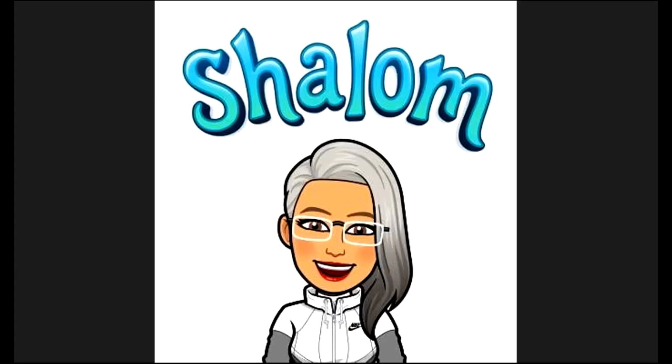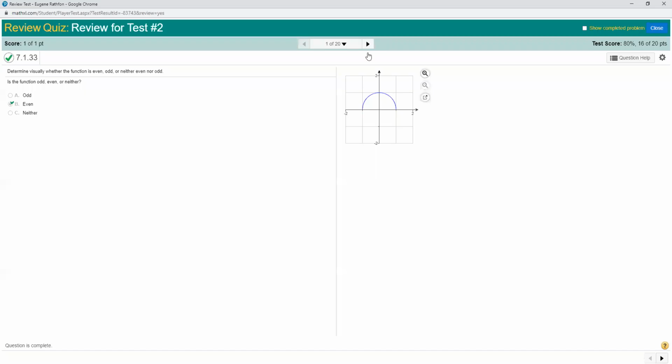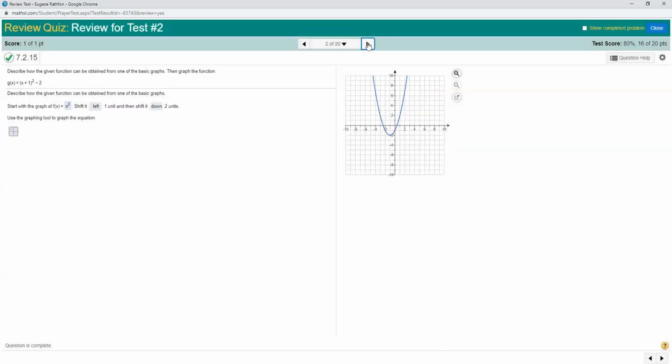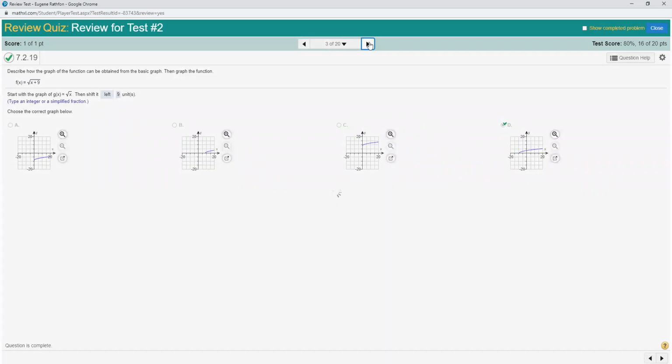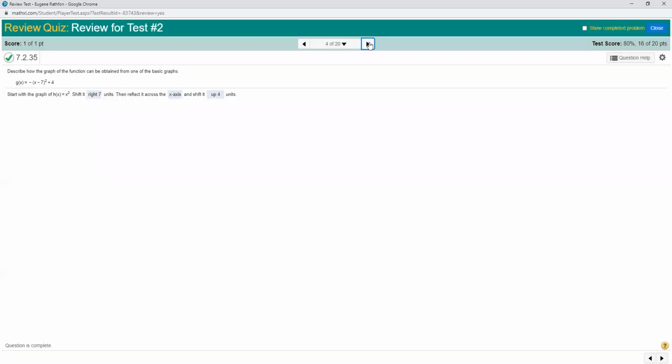Mr. Eugene, this is Renee. I still cannot do the X squared and the interval notations. All right, let me see something real quick. I'm gonna go to my screen here. Let me see one where I had to put something in. Well, you don't have to do interval notation on here. You just had to pick one of the answers.